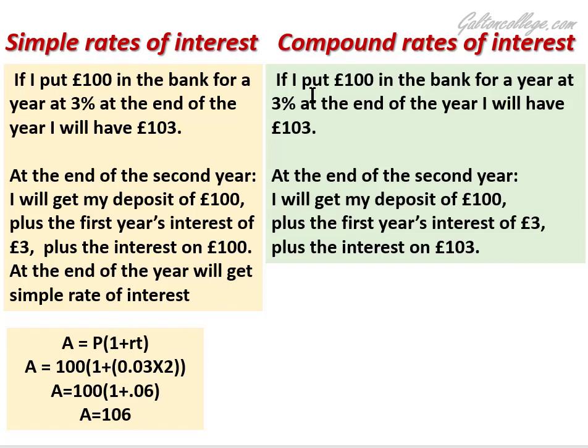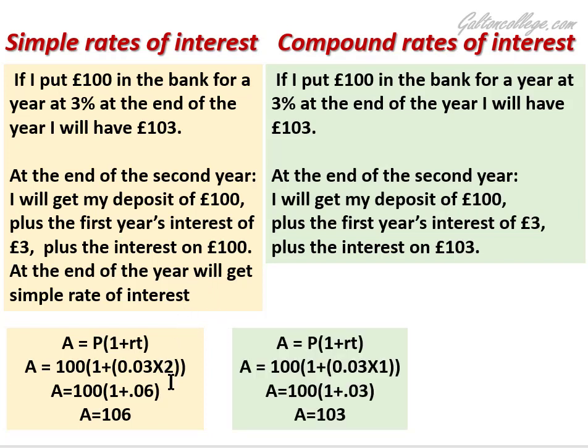This one, we put 100 into the bank and we get 3%, so we get 103. But in the second year, we don't get the interest on 100, we get the interest on 103. And that's different. So now we're getting interest on interest. Our £100 has grown to £103 in the first year. Now we get interest on that. And that's what makes it different.